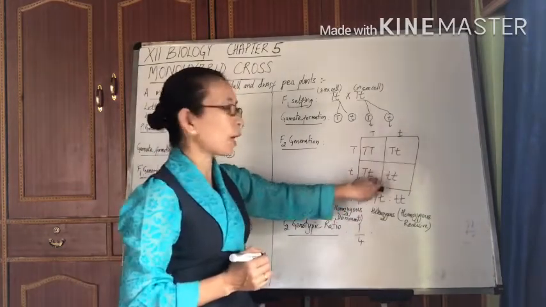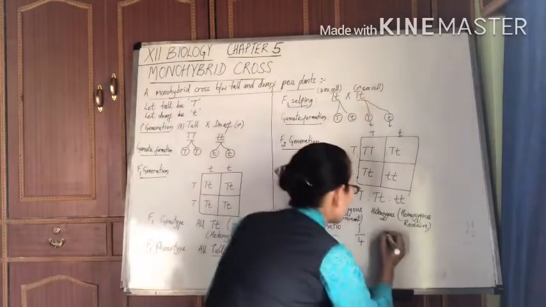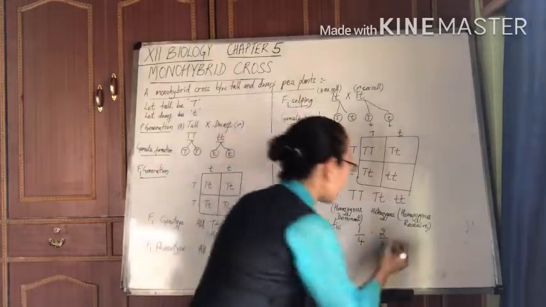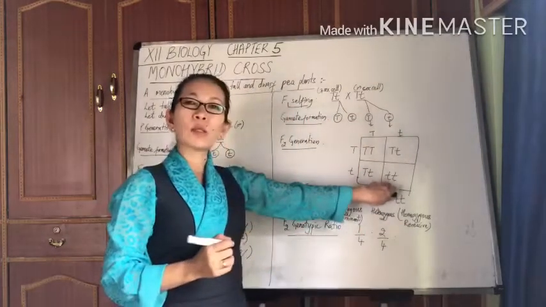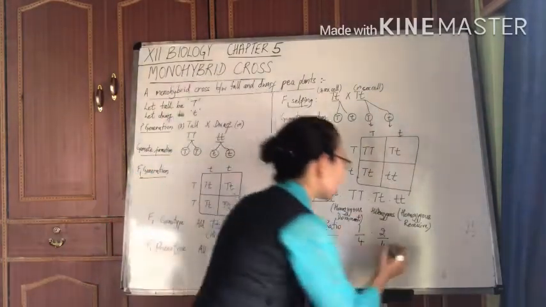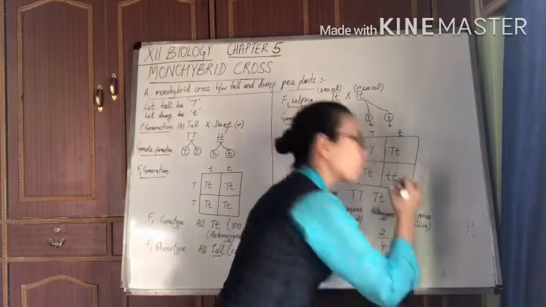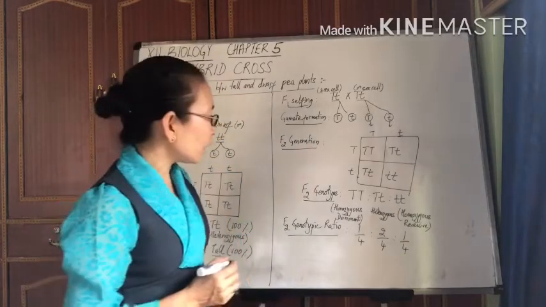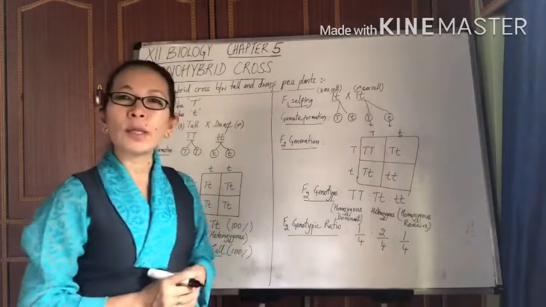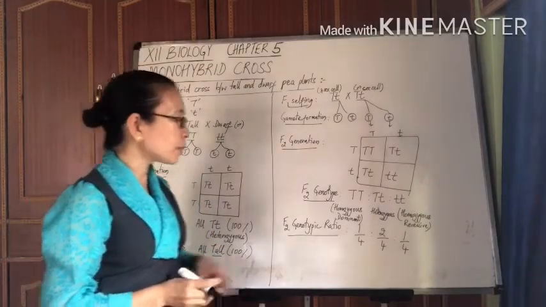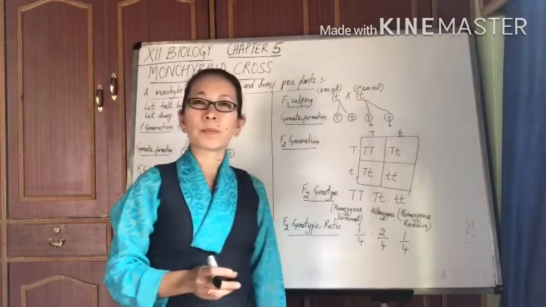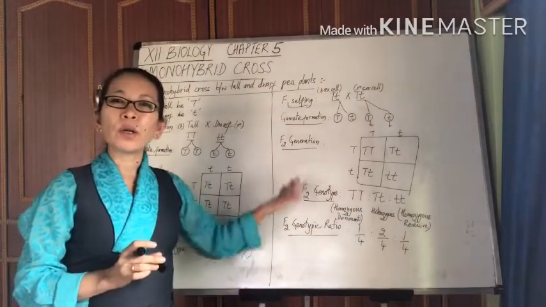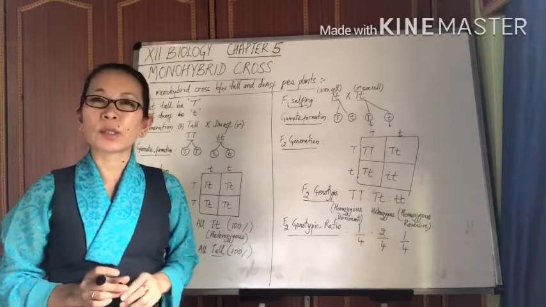Okay, because two boxes are having the heterozygous genotype. So 2/4 of the progeny can be having heterozygous genotype, and one box has the homozygous recessive genotype, which is 1/4 of F2 progeny can be having homozygous recessive genotype. So now the genotypic ratio for the F2 generation becomes 1:2:1. Okay, which is very consistent and very typical for Mendelian monohybrid crosses.